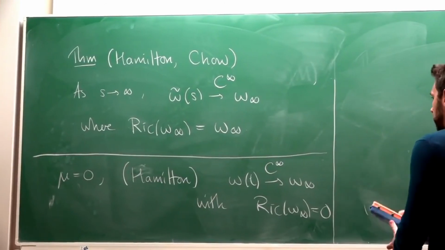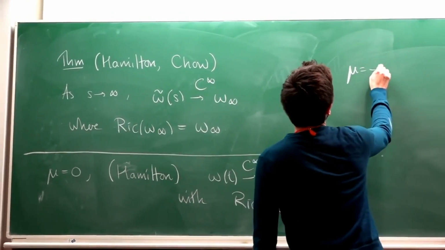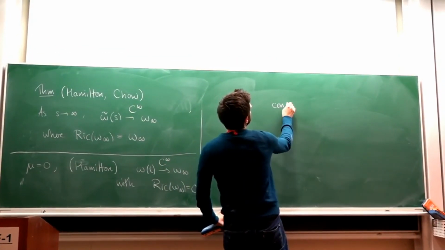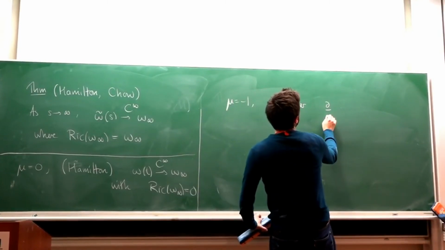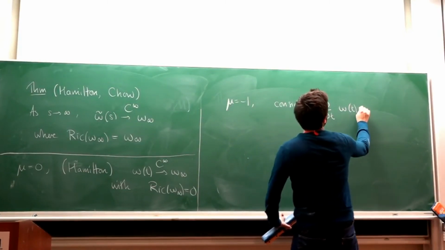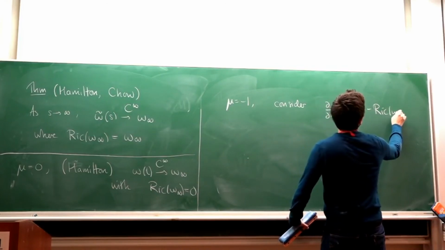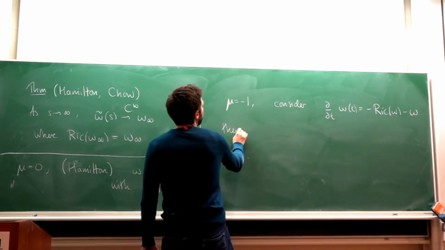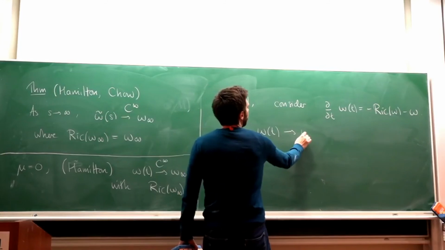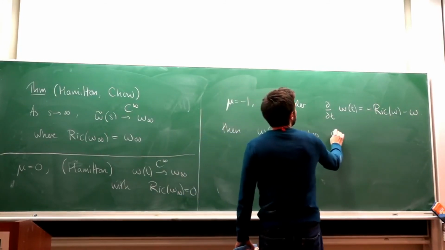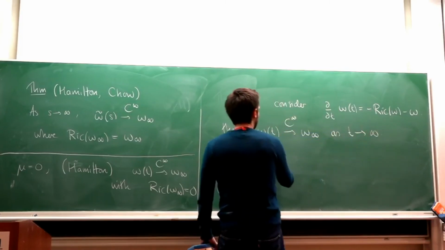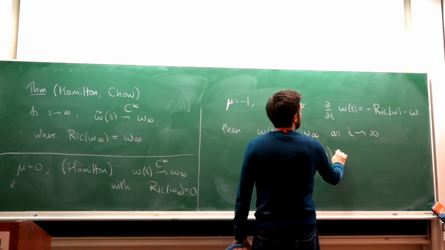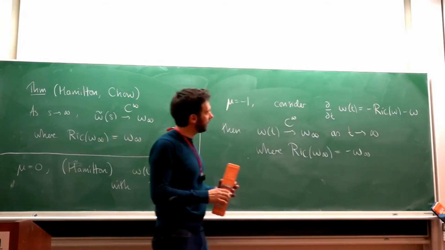And then the final case is when mu is minus 1. And then again you consider renormalization. So we consider instead the renormalized flow, which is in this case d/dt of omega is minus Ricci minus omega, and then again omega t will converge to omega infinity as t goes to infinity, where Ricci of omega infinity is minus omega infinity.